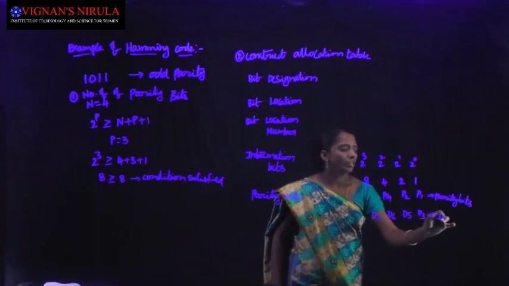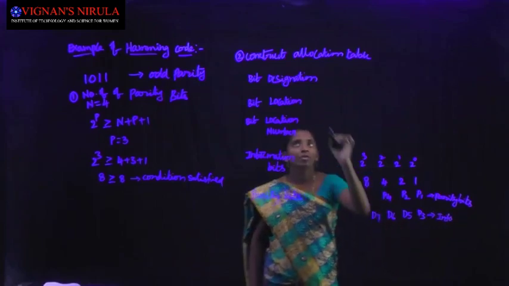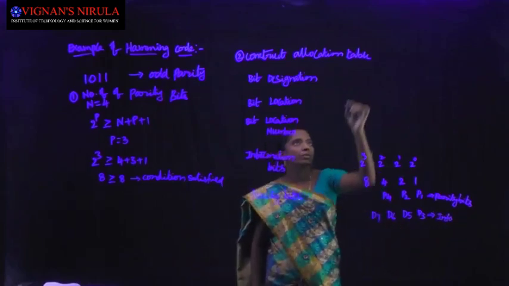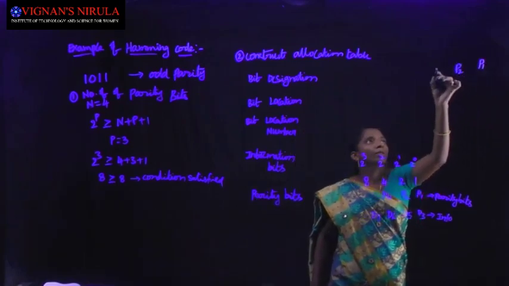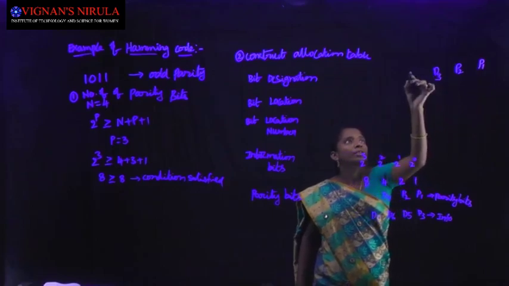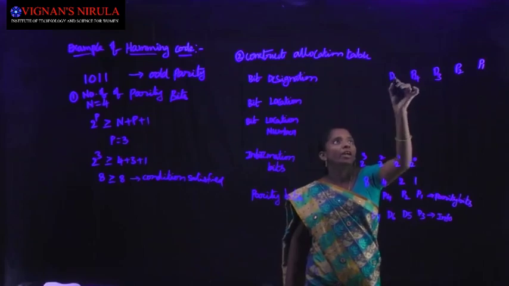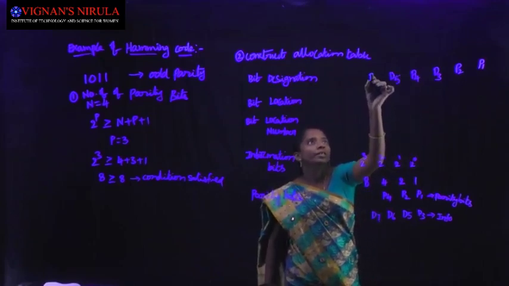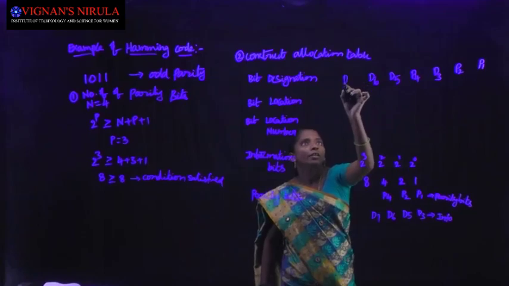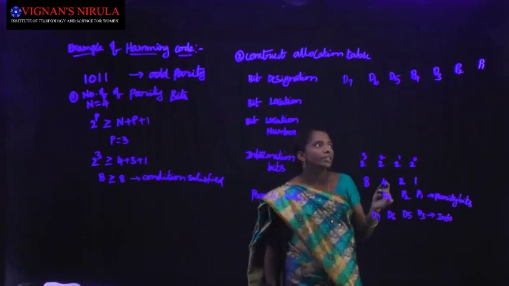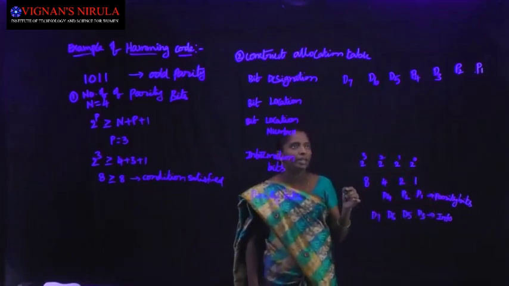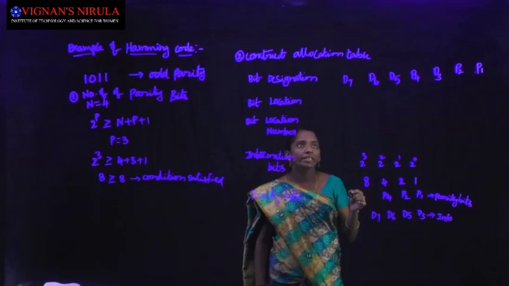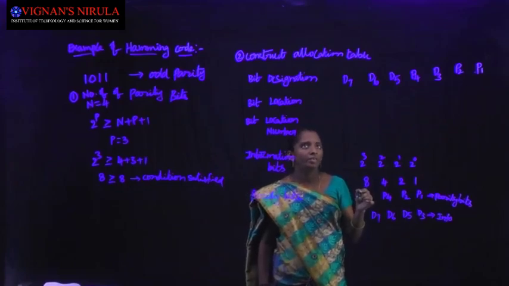Now write the bit designations: P1, P2, D3, P4, D5, D6 and D7. P1, P2 and P4 are the parity bits. D3, D5, D6 and D7 are the information bits.